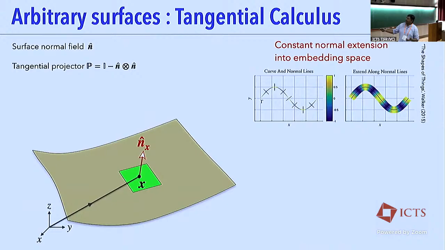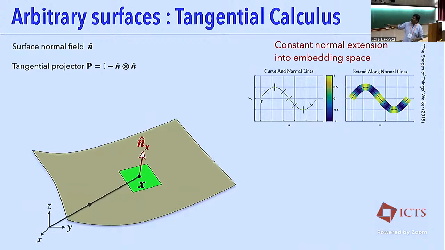And the tangential projector is a way to get the tangent plane to the surface at every point. Does that make sense? The way I want to think about fields living on the surface is that I will think about the fields as having a small extension in the ambient space. I will do Cartesian derivatives, hit it with the appropriate number of tangential projectors, and show you that you get the correct covariant derivative.